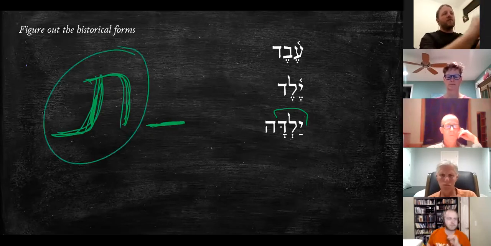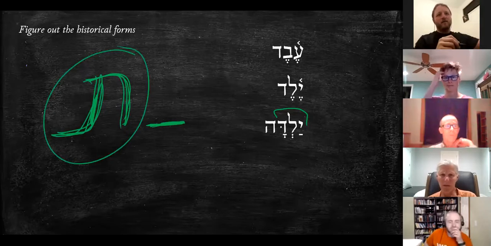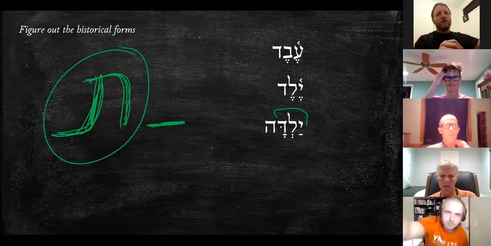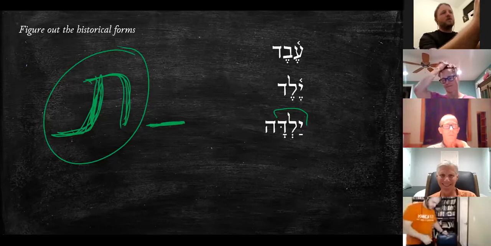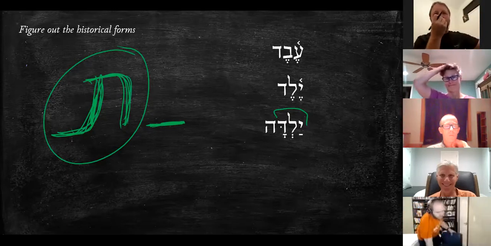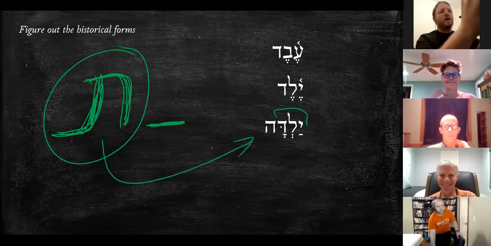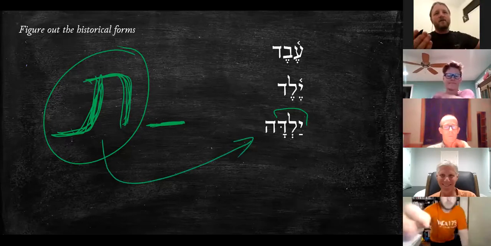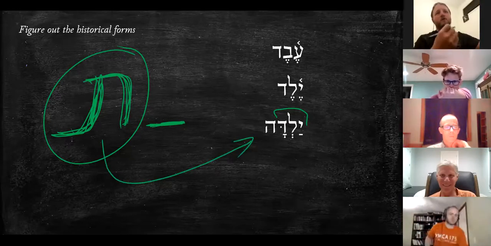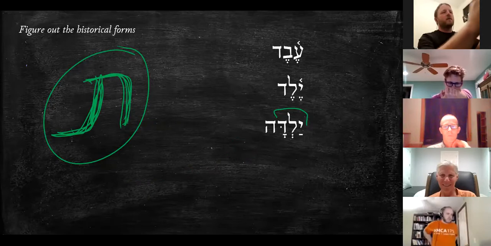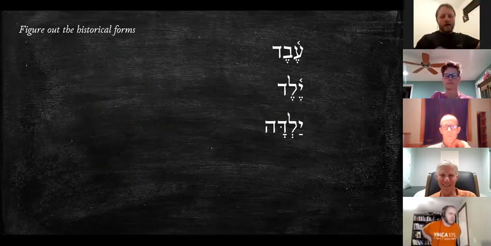Historically, it was taf. Taf was the ending for the feminine. And what happened was that it lost its pronunciation and became ah. So historically it was taf, but it became hey.